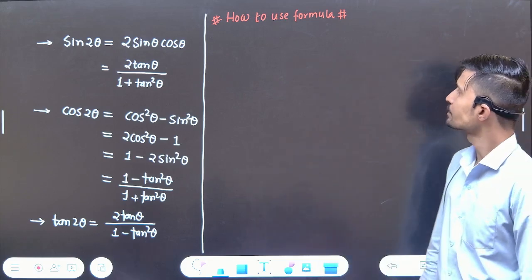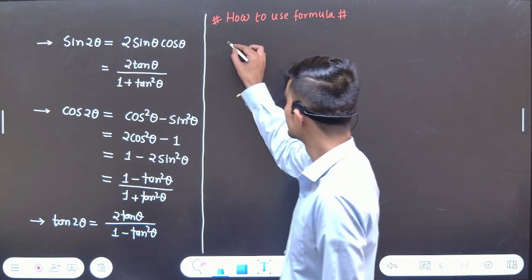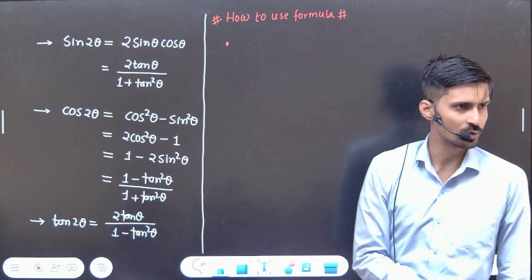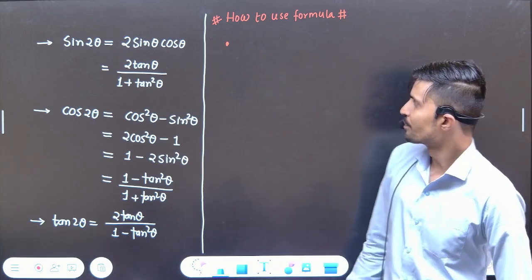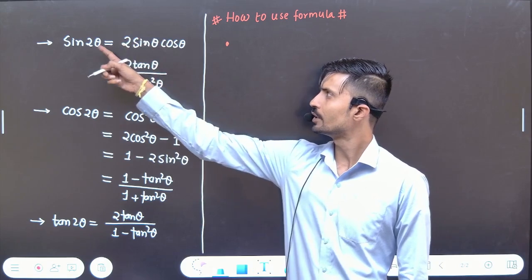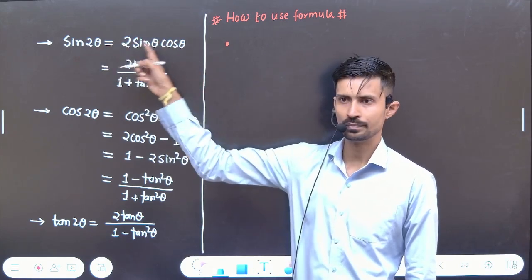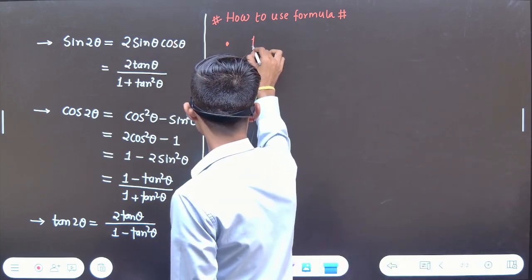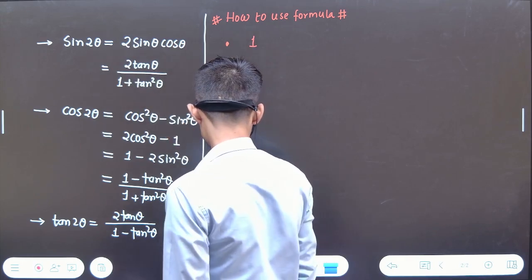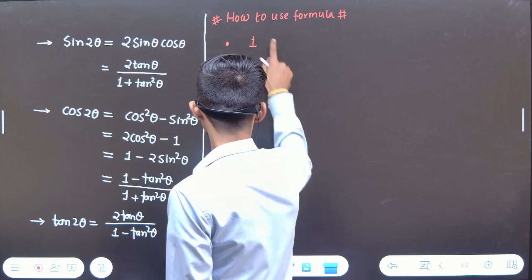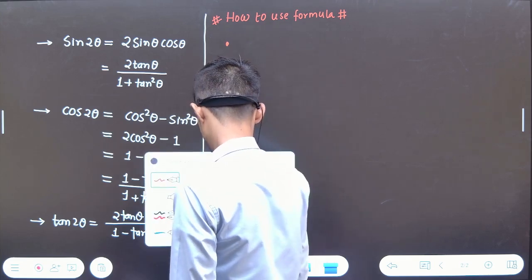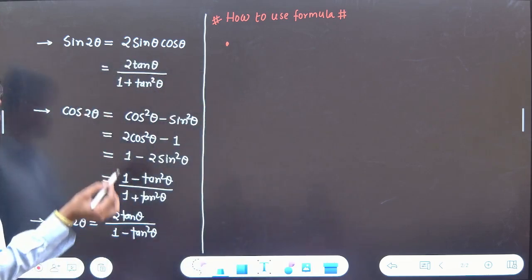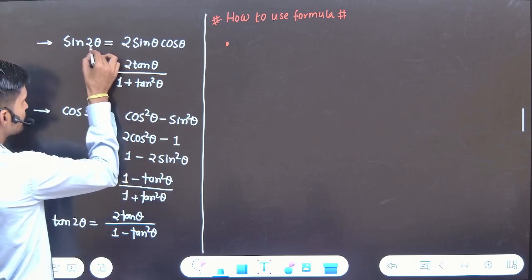See this. How to use the formula. First use I am going to tell you. How this formula will be used, I am going to tell you. First, see actually what this formula is doing.